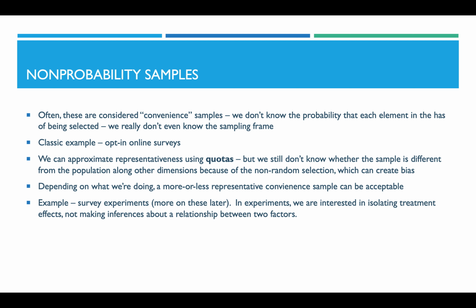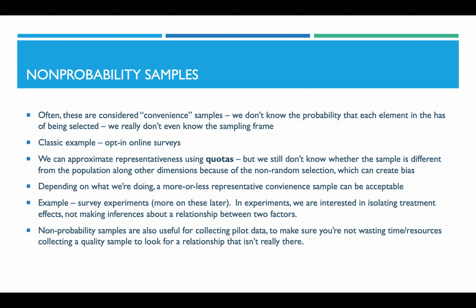The reason that it's not so problematic is that in experiments, we're interested in isolating treatment effects, not necessarily in making inferences about a relationship between two factors in a broader population. As you'll see, random treatment assignment holds all variables of interest, both observed and unobserved, constant, and we're able to isolate the effect of one individual treatment. In this case, non-probability samples can be acceptable in some instances.